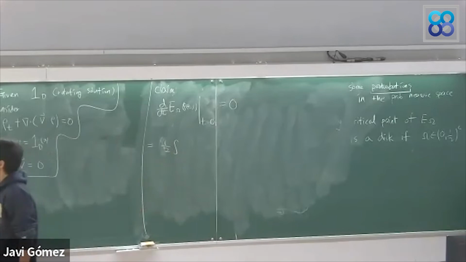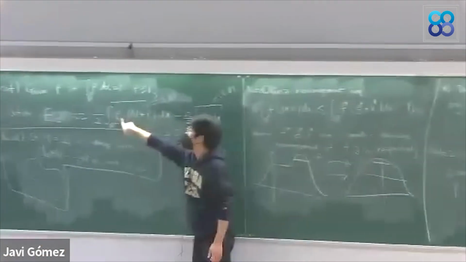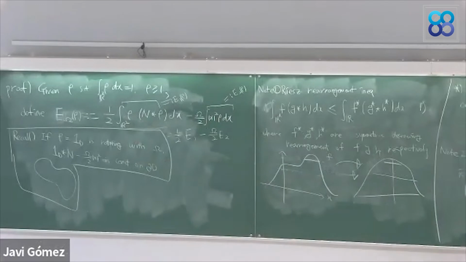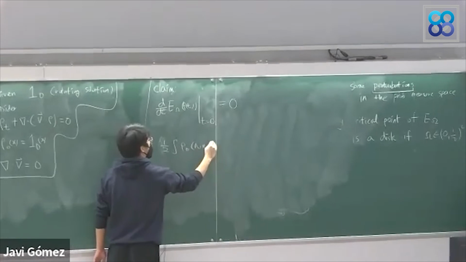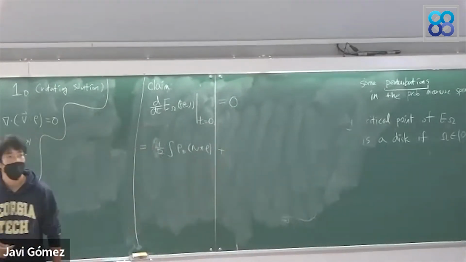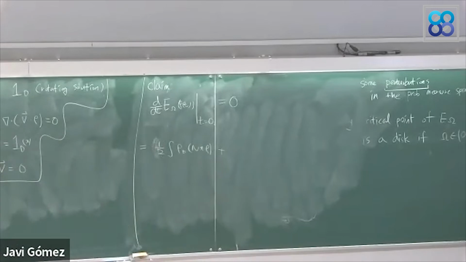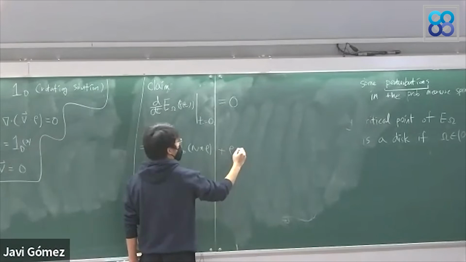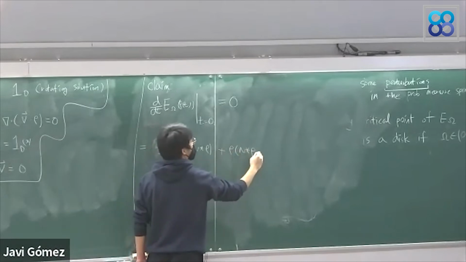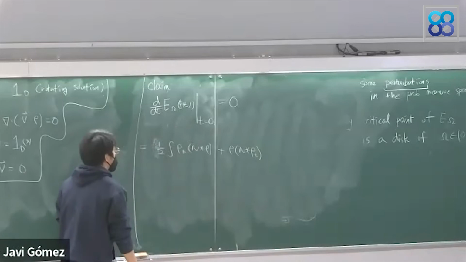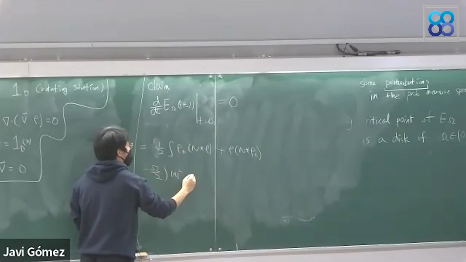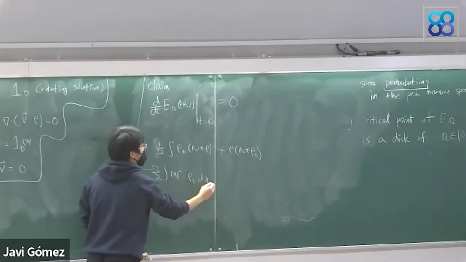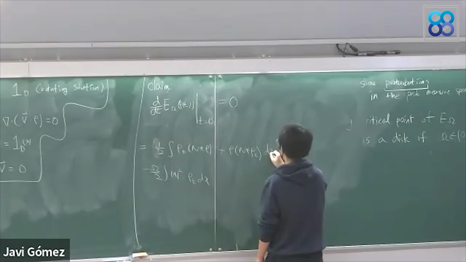One time the time derivative hits the first one, we have rho t, rho, but this is quadratic in rho, so the time derivative can hit the second one. In this case, we have rho convolved with rho t. And we have negative omega over 2 times x squared times rho dx, right?